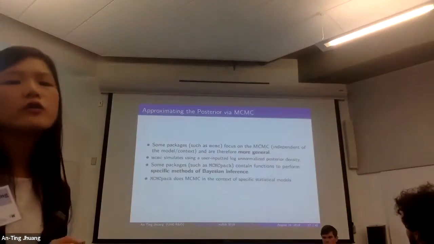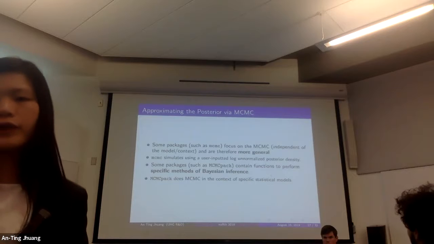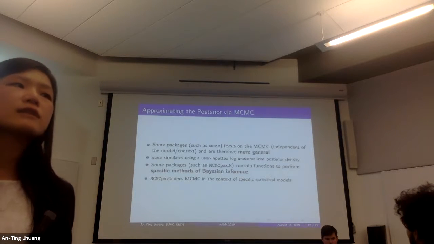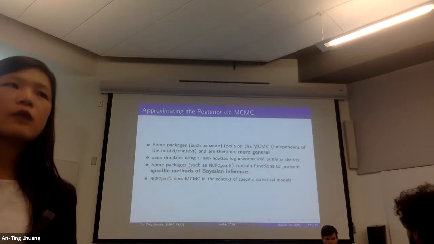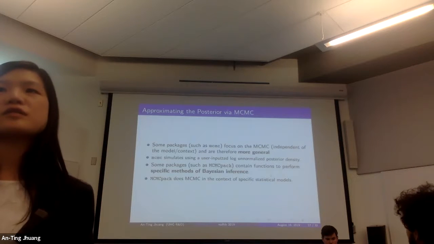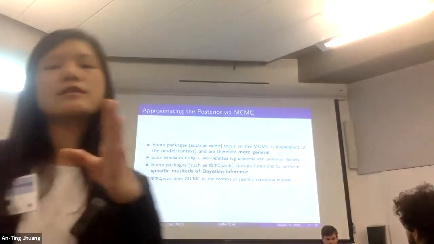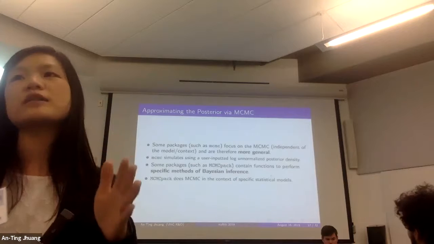The other one is MCMCpack, which I will use for my following example about linear regression. It has a similar function to the lm function you use for frequentist statistics, so you specify the model in a similar way and get what you want.